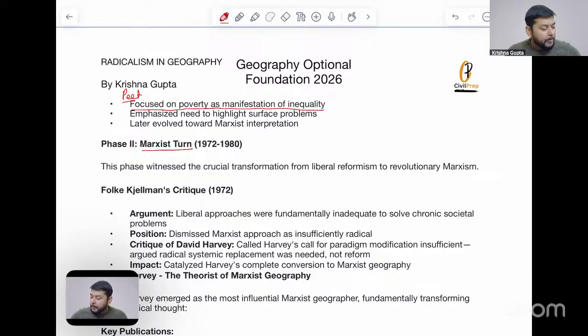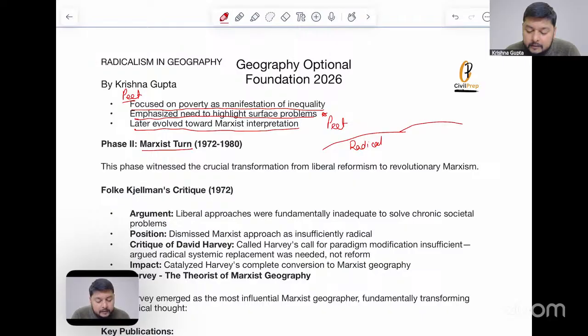We need to see how these particular issues were also seen as a part of the structure. Next, he emphasized the need to highlight the surface problems. He was also going for the surface problem, but not yet for the structural problem. Later, he evolved toward the Marxist interpretation. So Peet is one of the people who, initially as part of radical thought, moved to another thought, the Marxist thought.